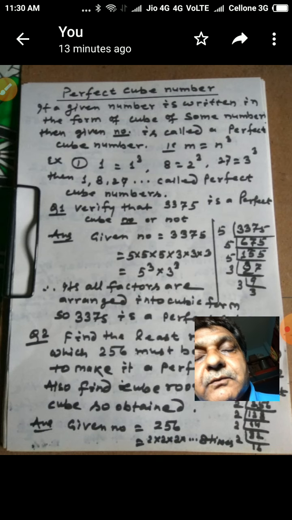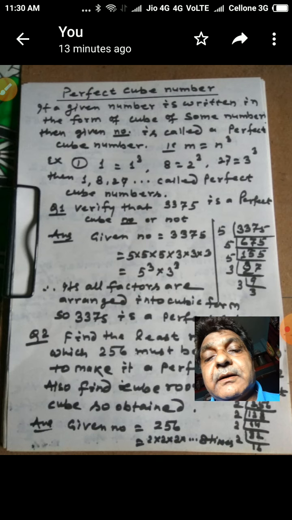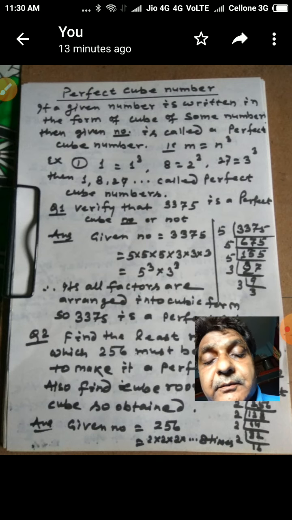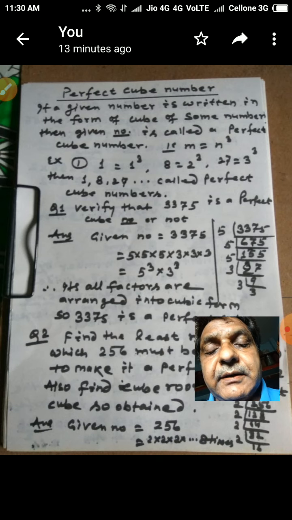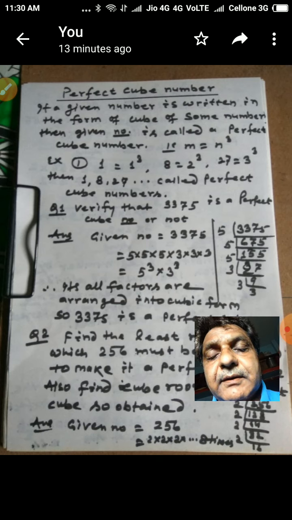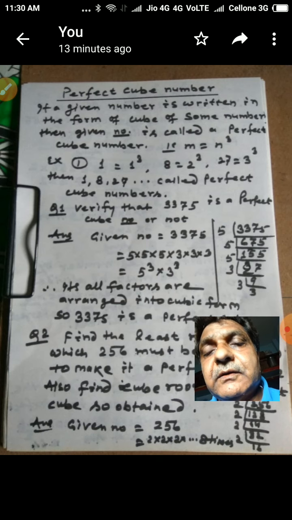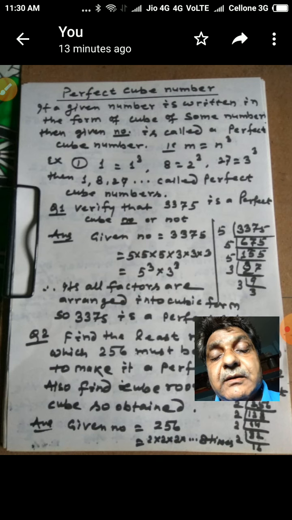That is, when we are able to write a given number in cubic form, then it is called a perfect cube number. Or for larger numbers we can define it like this: if all the factors of a given number can be arranged into cubic form, then the given number is called a perfect cube number.